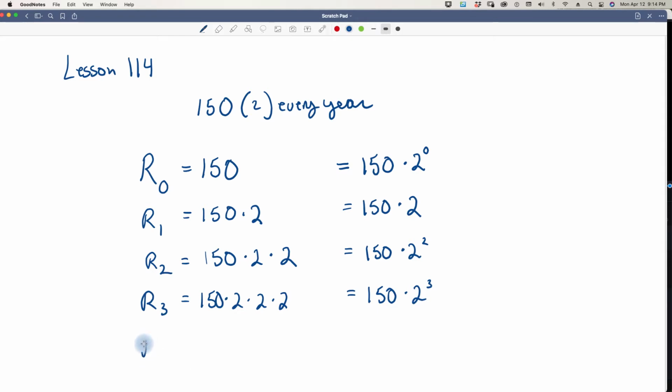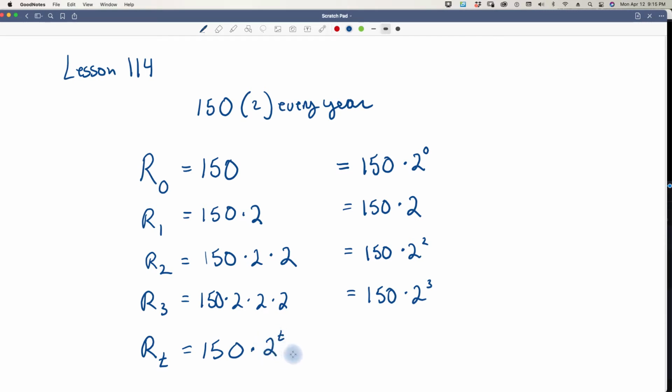And if we wanted to, we could write a formula where t is the number of years, the time, and R sub t equals 150 times 2 to the t. So whatever this number is here, that will be the exponent here, okay?